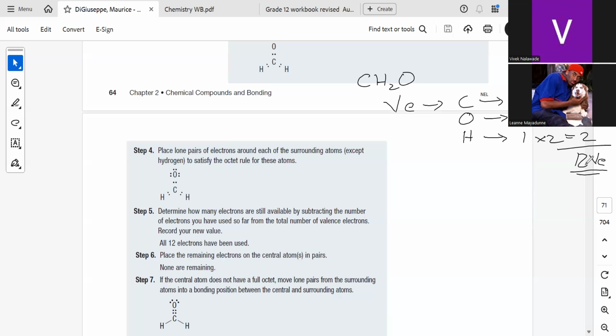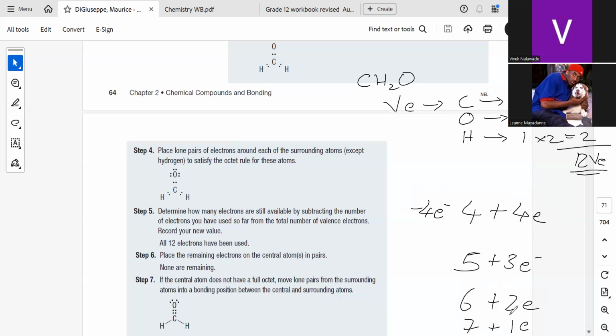So the rule is, you might have learned this in school in grade 10. If you have 4 electrons, you can either gain 4 electrons or lose 4 electrons. If you have 5 electrons, it's easy to gain 3 electrons. 6, easy to gain 2 electrons. 7, easy to gain 1 electron.